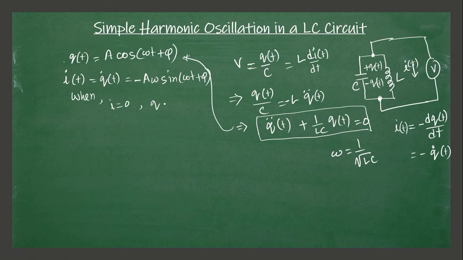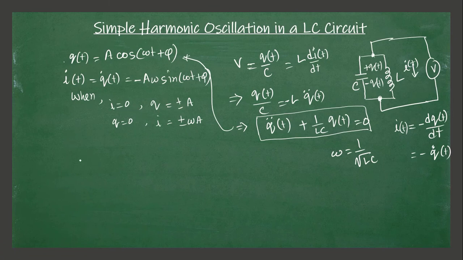So we'll have plus or minus A. Now again, if Q is equal to 0, that means the cosine is 0, we'll have current I equal to, again, plus or minus omega A. So you can see the 90 degrees phase difference between Q and I from here.